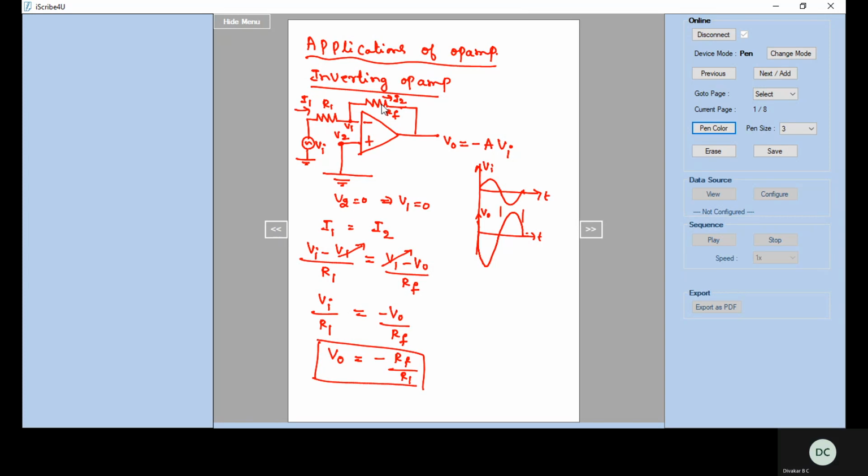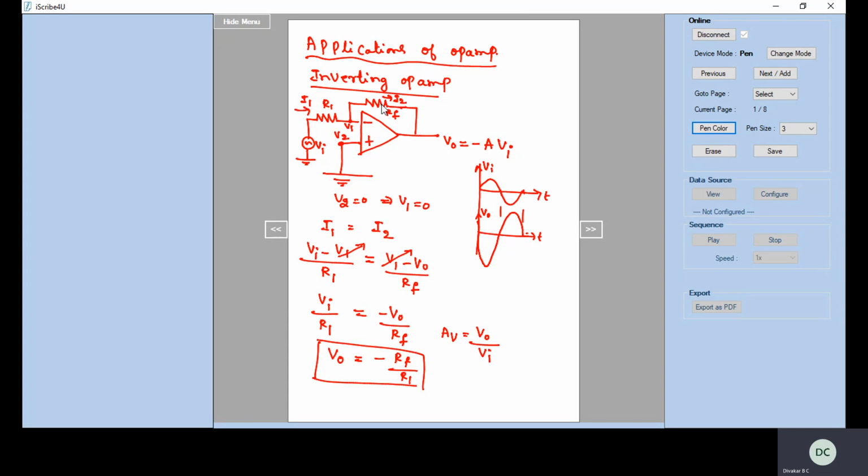But gain AV is defined as the ratio of output by input. So we are going to represent the gain AV as minus RF by R1, the ratio of output voltage to the input voltage.